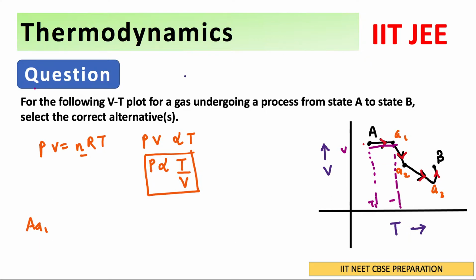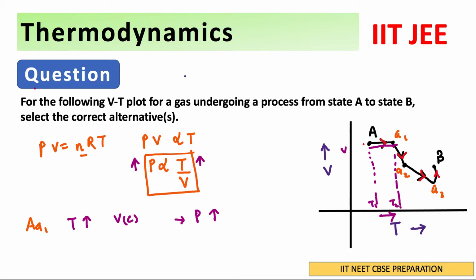So temperature has increased and volume is constant. What happens if temperature increases? Pressure is going to increase. So in the first part, AA1, pressure is increasing.